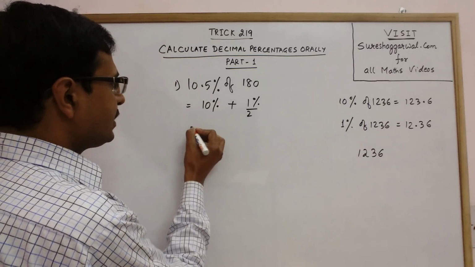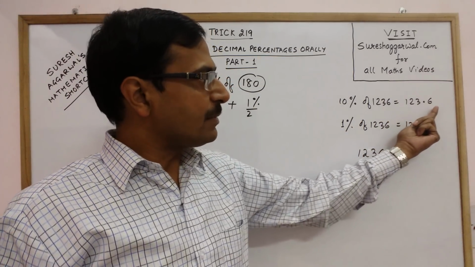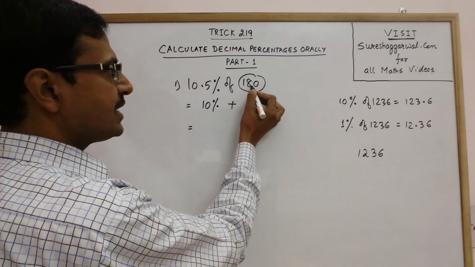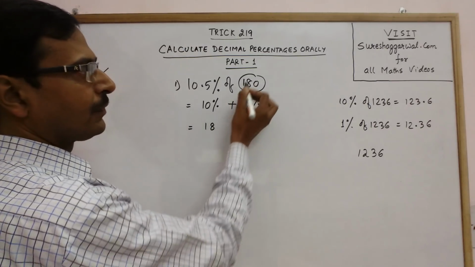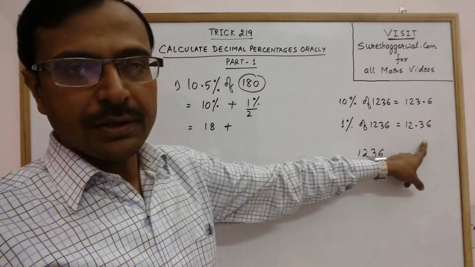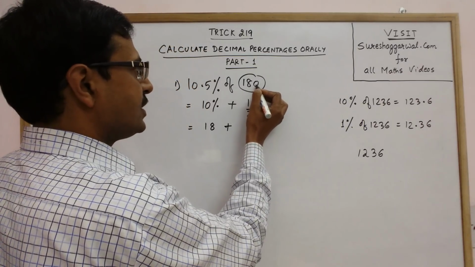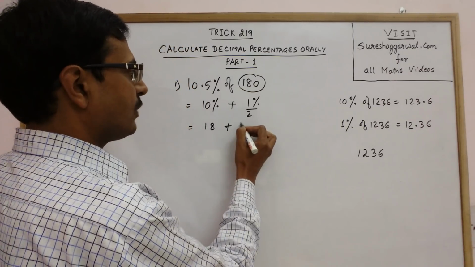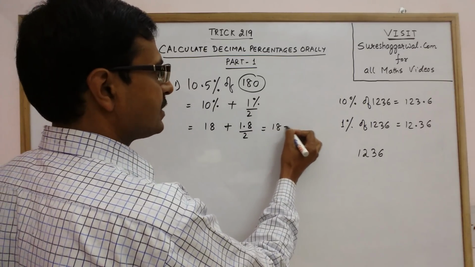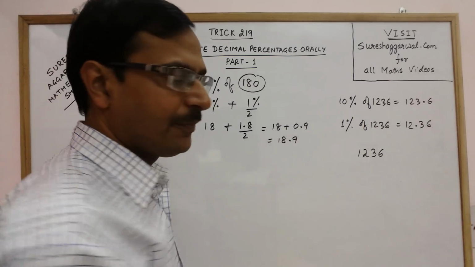See, 10% of 180 is obtained by putting a decimal one digit from the right side, so this will become 18. Plus, how do you calculate 1%? Put a decimal two digits from the right side. So 1.8, and this is upon 2. So 18 plus 0.9, your answer is 18.9.